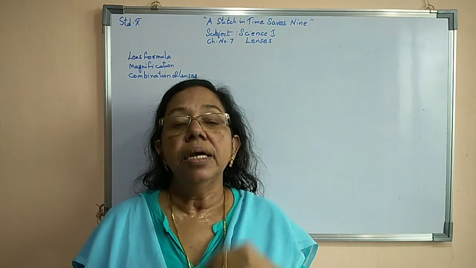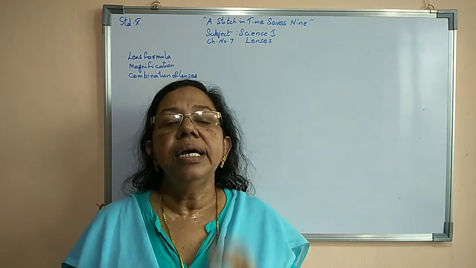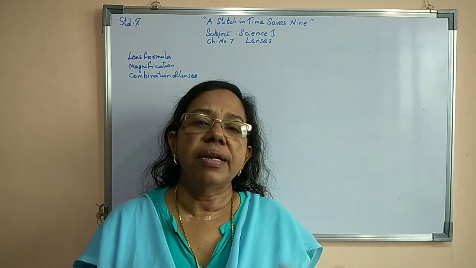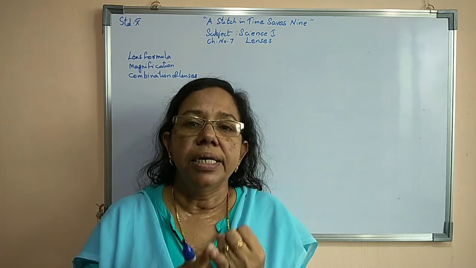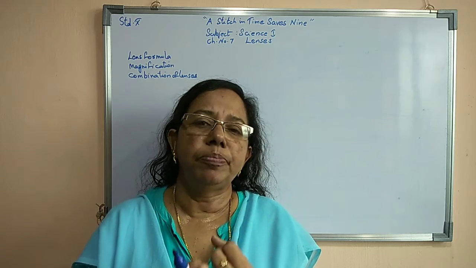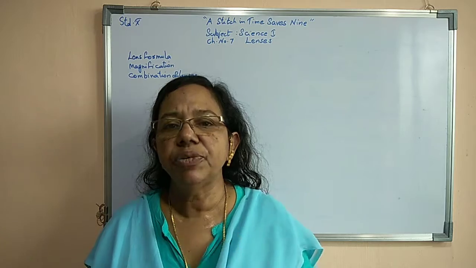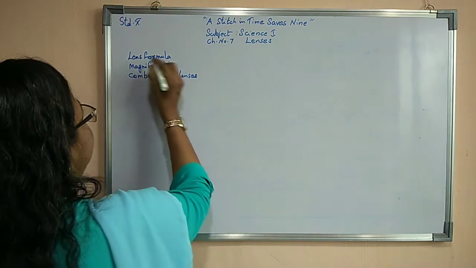So once again, what is lens formula? Lens formula is the formula which shows the relationship between image distance, object distance as well as focal length. So we will study its formula now.